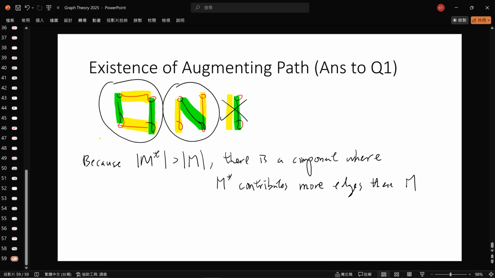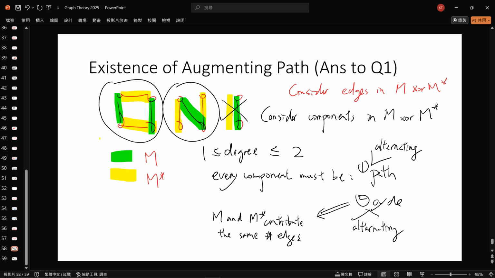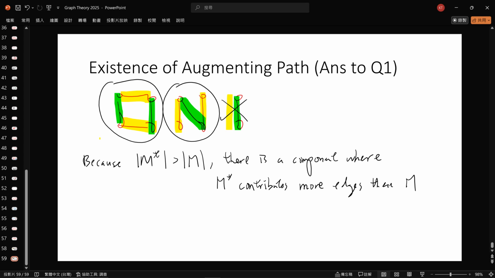And this component must be a path, okay? Because we know that if it is a cycle, then both matchings, they have the same number of edges in the component. So the component must be an alternating cycle.